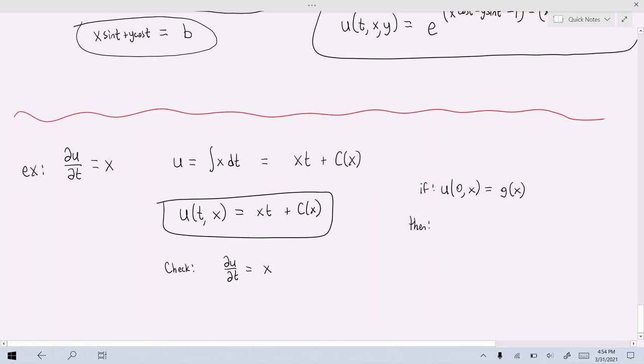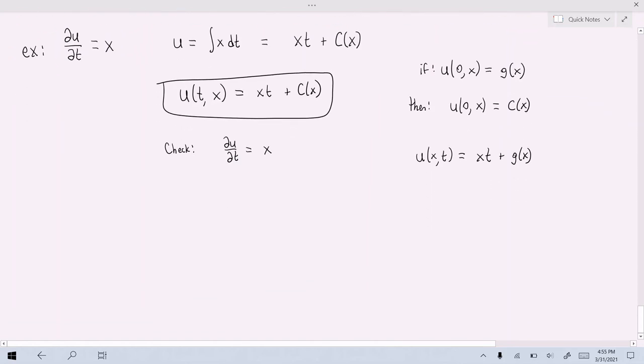Then over here, if we plug in 0 into our general solution, this term would 0 out, and you would just get c of x. So therefore, c of x would have to be equal to whatever your function g of x was in this initial condition. And the solution to the initial value problem would then be xt plus g of x. Okay? All right.